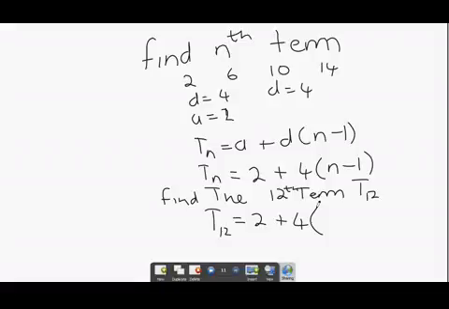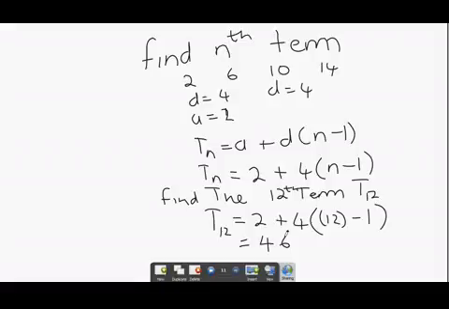Now I need to substitute for my n, which is 12, so I'm going to put my n as 12, n with 12, minus 1, close bracket. And then I just simply press my calculator, and I'll get an answer. In this case, it will become 2 plus 48 minus 4. 48 minus 4 plus 2, we are going to get 46. So that's our answer. So it's very, very simple.